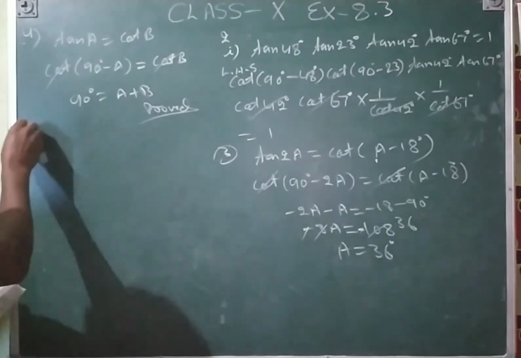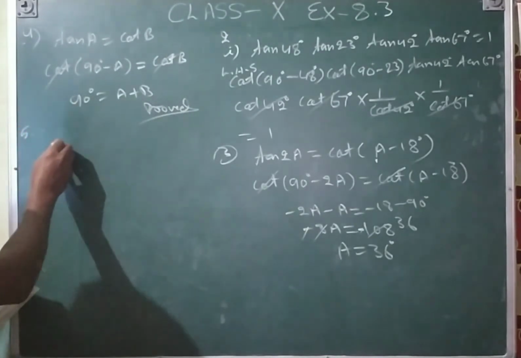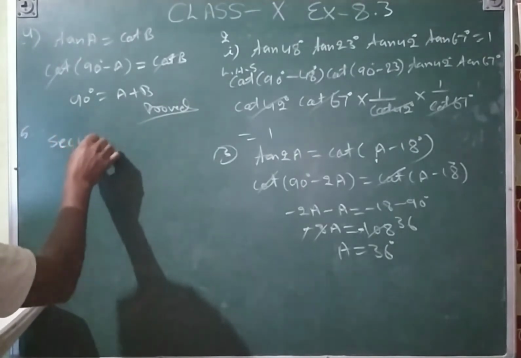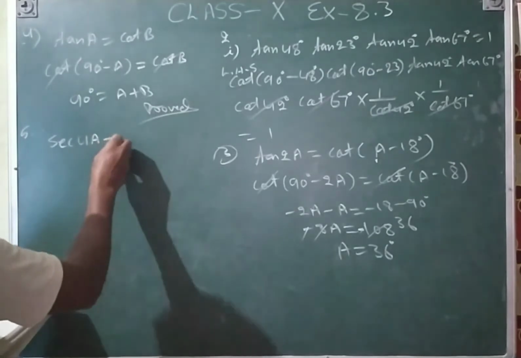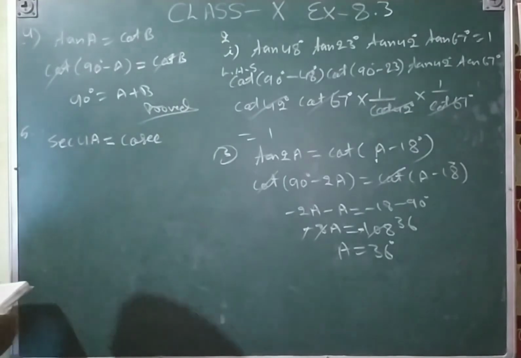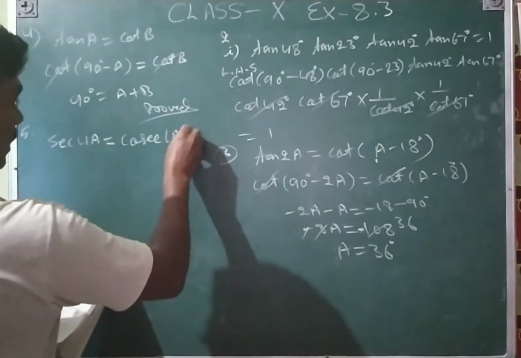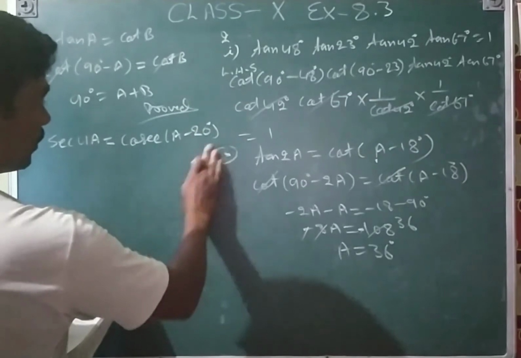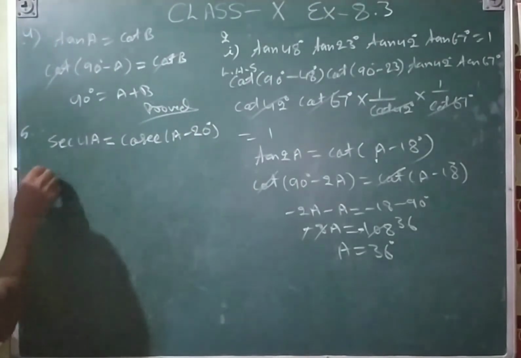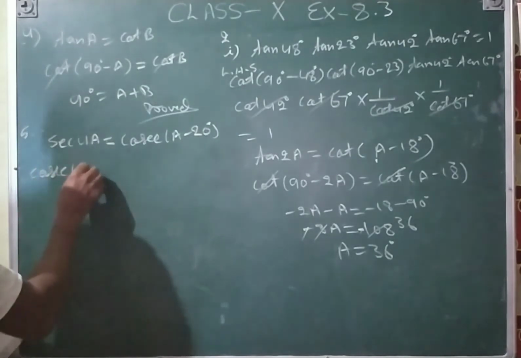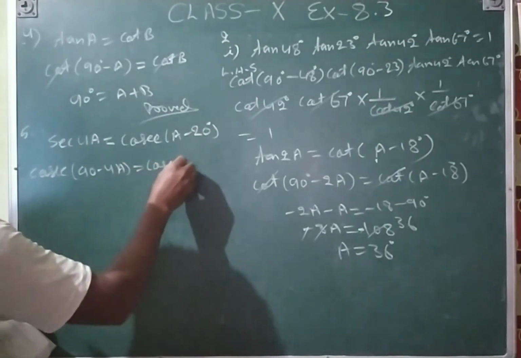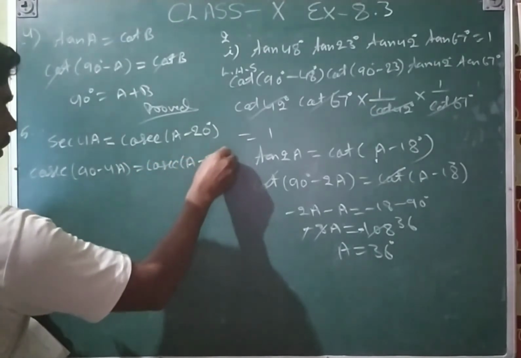Fifth question. This is also simple. Sec 4a is equal to cosec (a minus 20 degree). Find the value of a. Sec means cosec (90 minus 4a) is equal to cosec (a minus 20 degree).